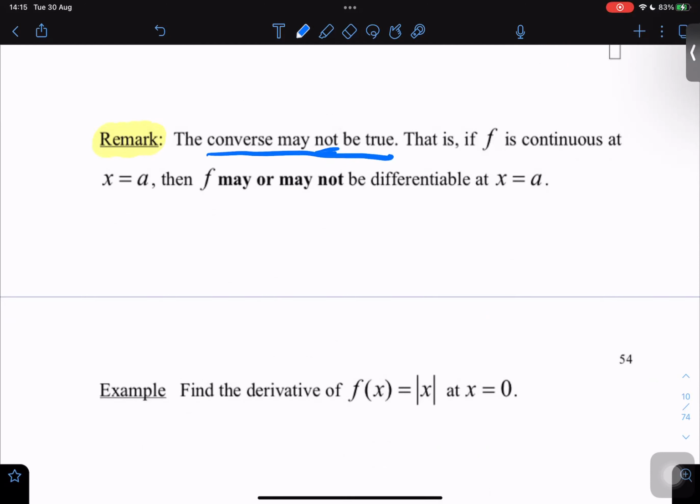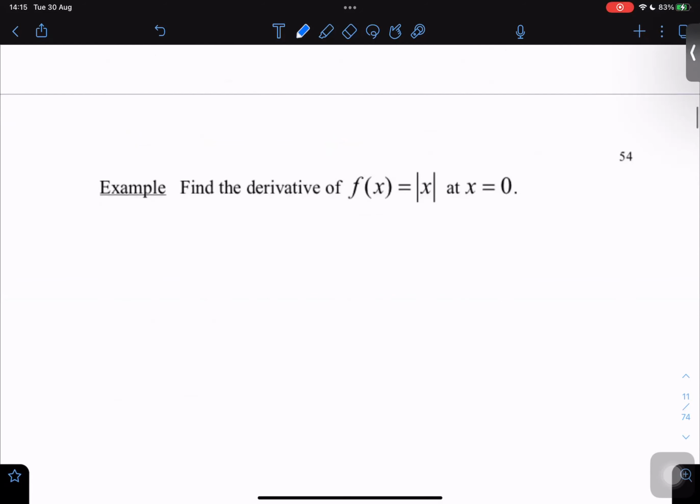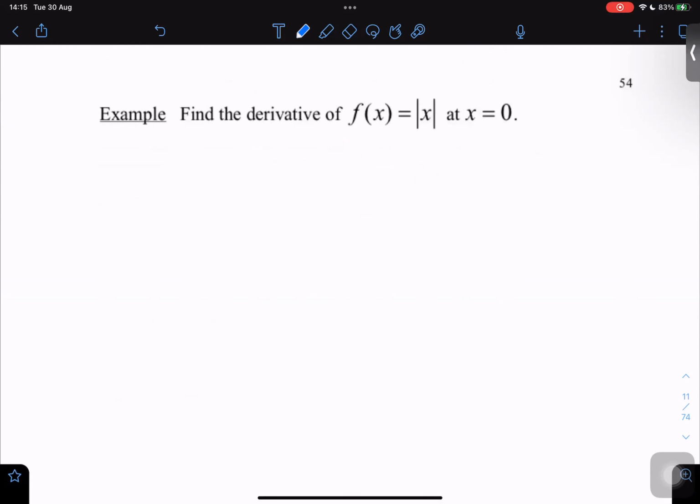For example, consider the derivative of f(x) equal to the absolute value of x at x equal to 0. We already know that this function is continuous, but how about the derivative?